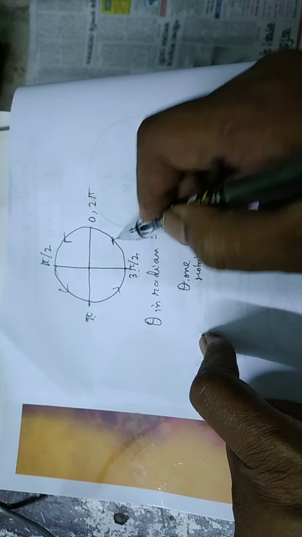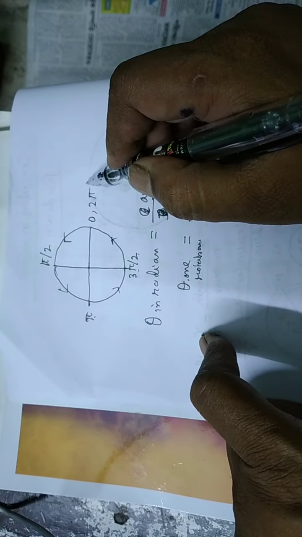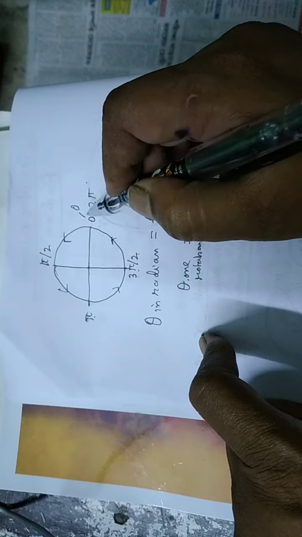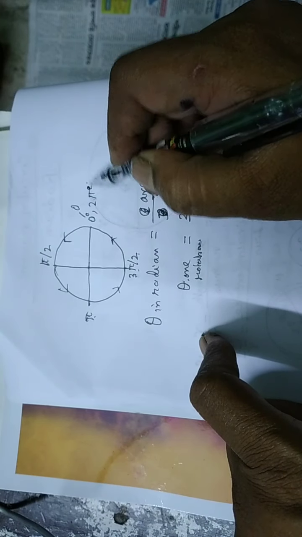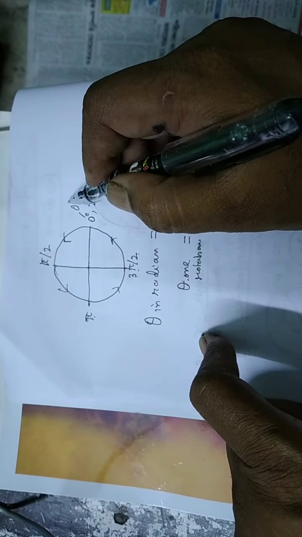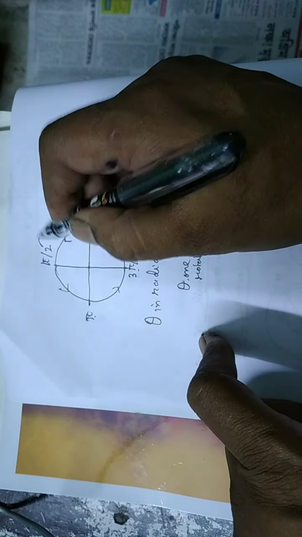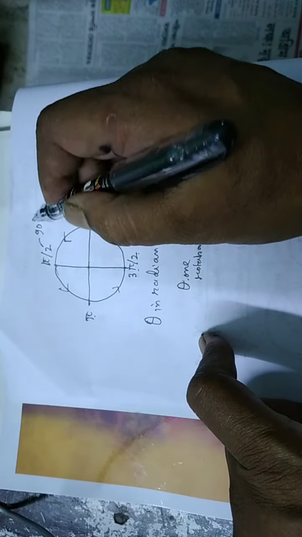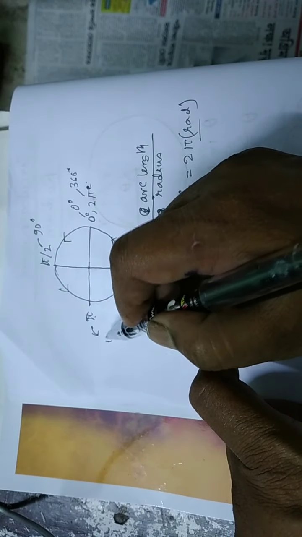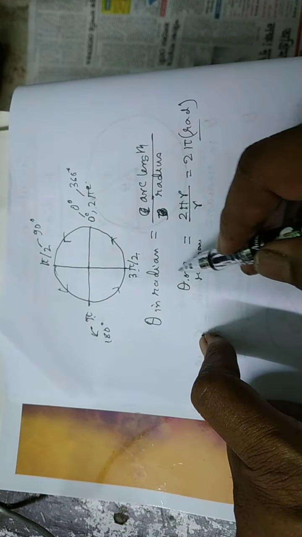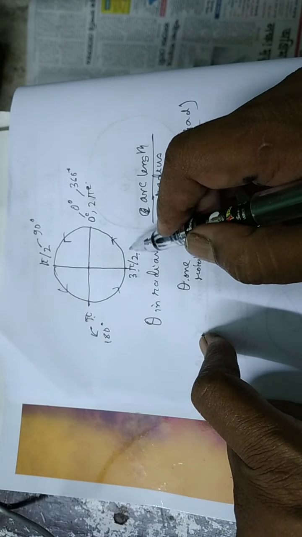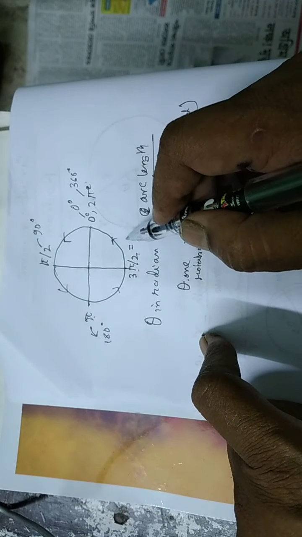So you can easily convert it to degrees: 0 radian, 0 degree; 2 pi, 360 degree; pi by 2, 90 degree; pi, 180 degree; 3 pi by 2, 3 into 90, 270 degree.